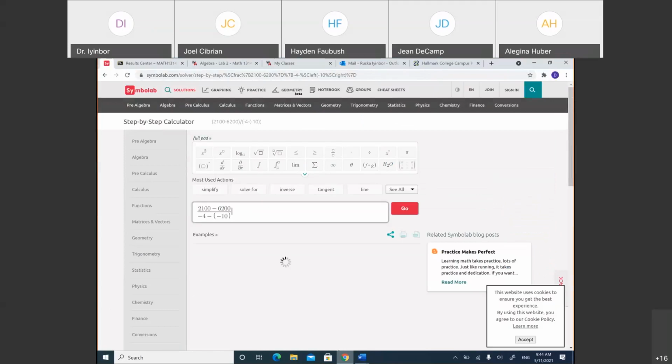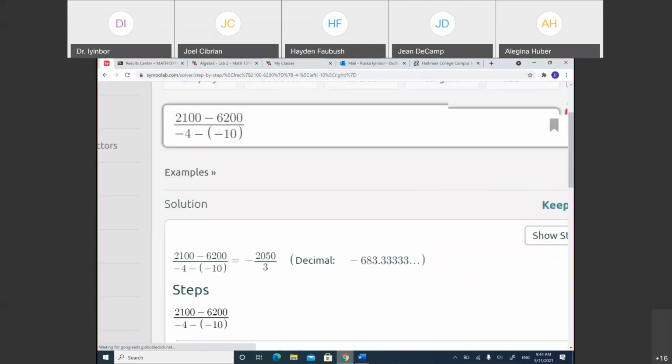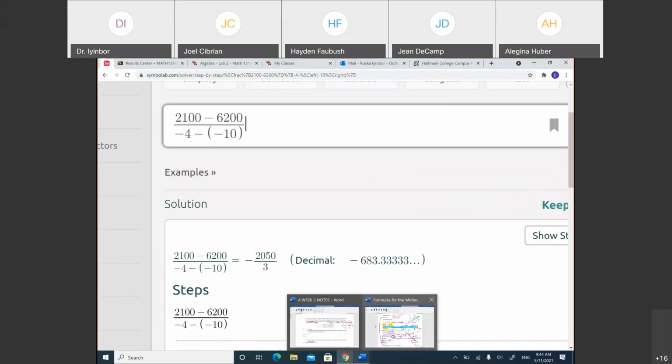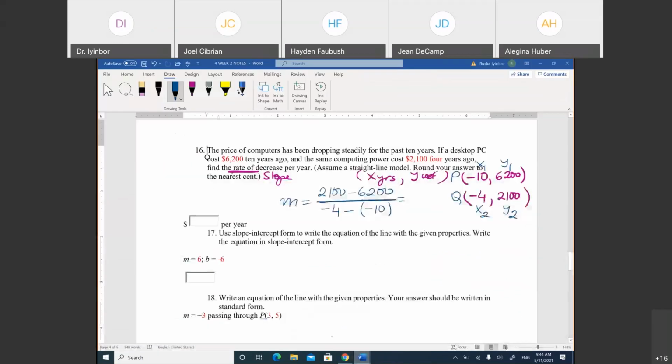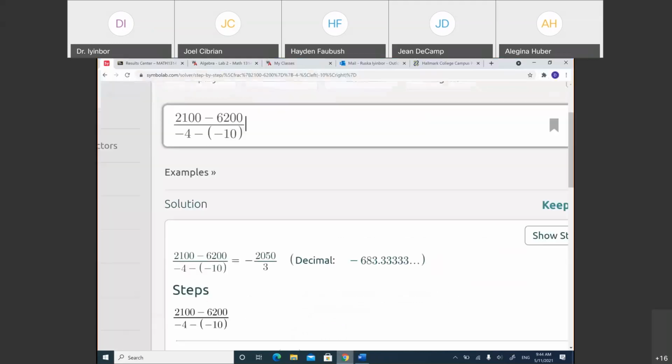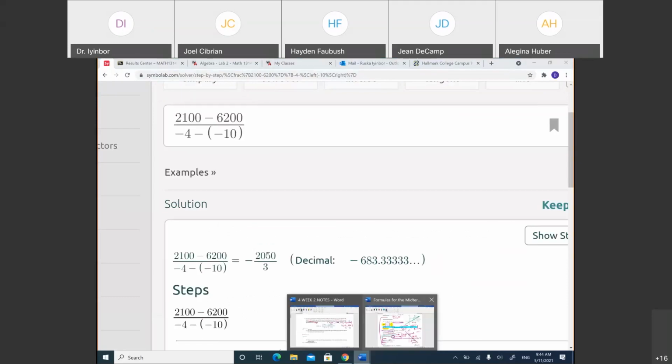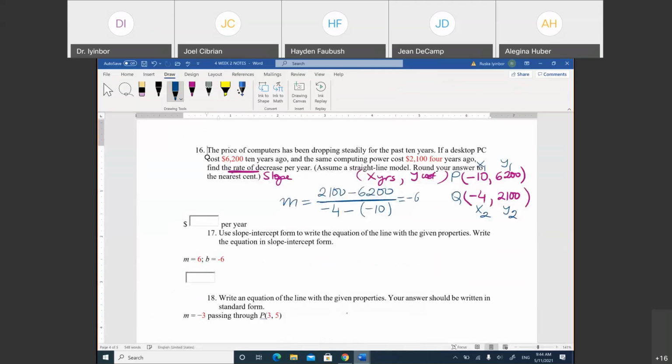And it's going to give you the slope. Well, let's see what it says. Round to the nearest cent. So we're going to round to decimal. So it says negative 683.33. Okay, what does that mean?